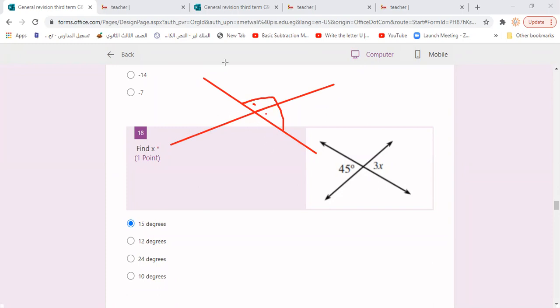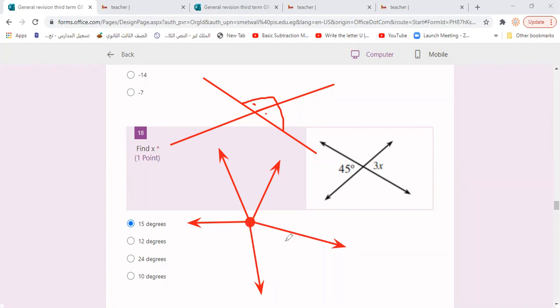And what about if you have only one point in the middle and you have different rays from each side, like this? What is the relation between the angles in this case? Vertical? No, this is not vertical.